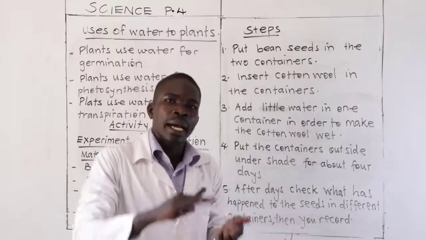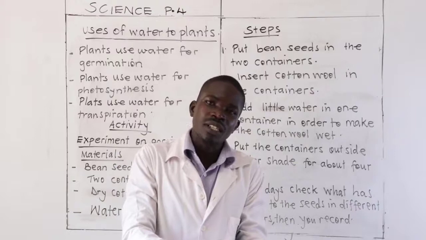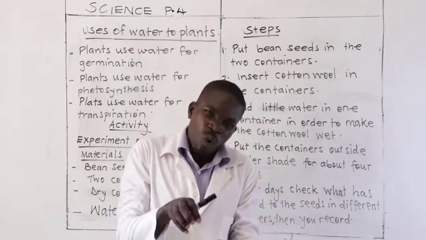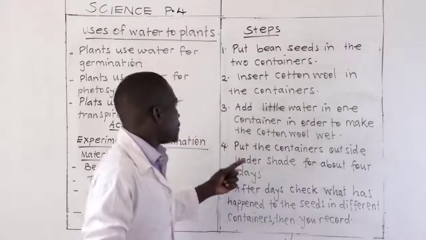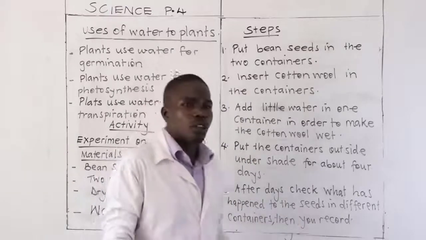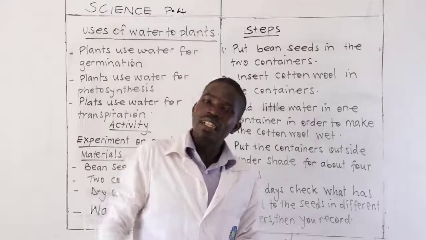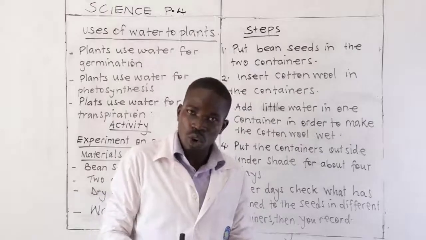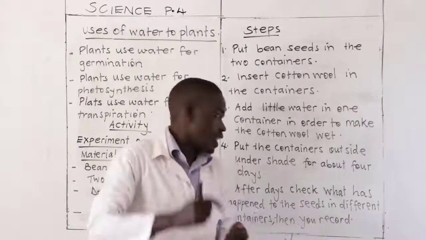Then put the containers outside under shade for about 4 days. I don't want rain water to enter into those containers, so put them just under shade outside. Don't cover the containers.